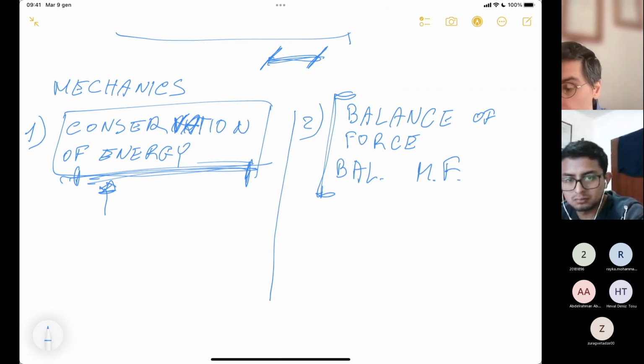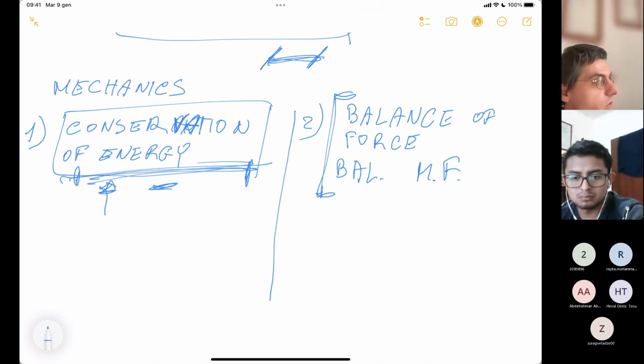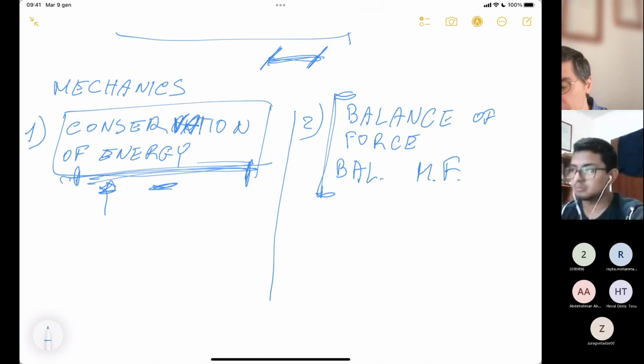But anyway, to be complete, I want to tell you both of them, even though I will concentrate for most of my time, and Professor Dell'Isola will do the same, on the first method, because this first method is more general than the other one.